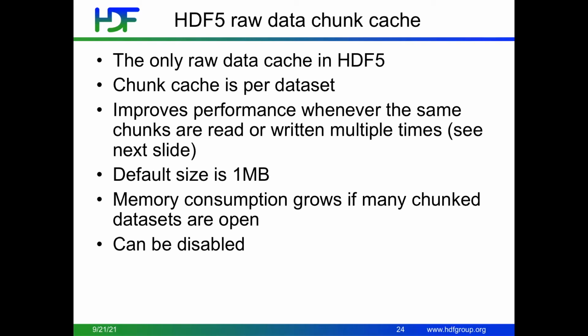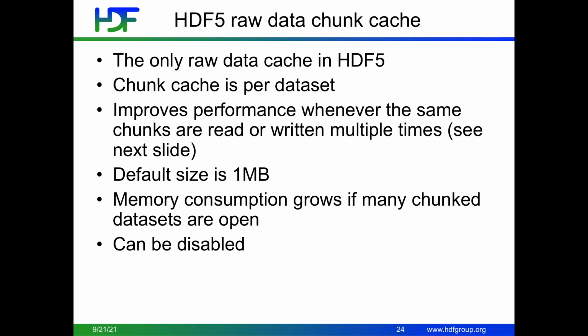First of all, this is the only raw data cache in HDF5, unless you use page buffering, which was introduced, I believe, in the 1.10 series of releases. I mentioned that the chunk cache is per dataset, and really it improves performance only when the same chunk is read or written multiple times.